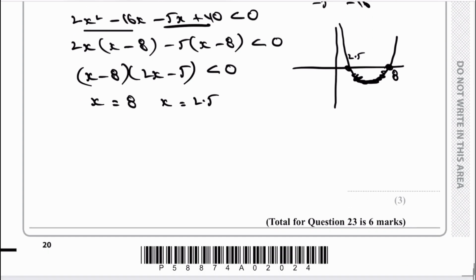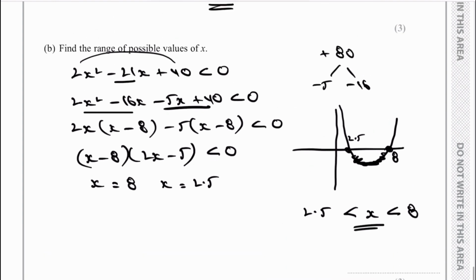So I can write therefore that x is greater than 2.5 and less than 8, and that would be the range of possible values of x that would solve that inequality. Okay, a bit of a tricky one, quite hard to work through.